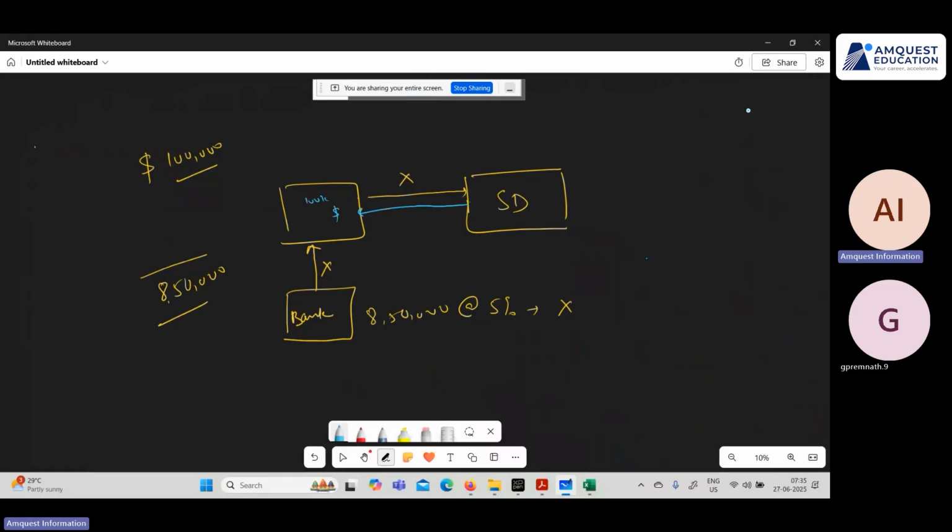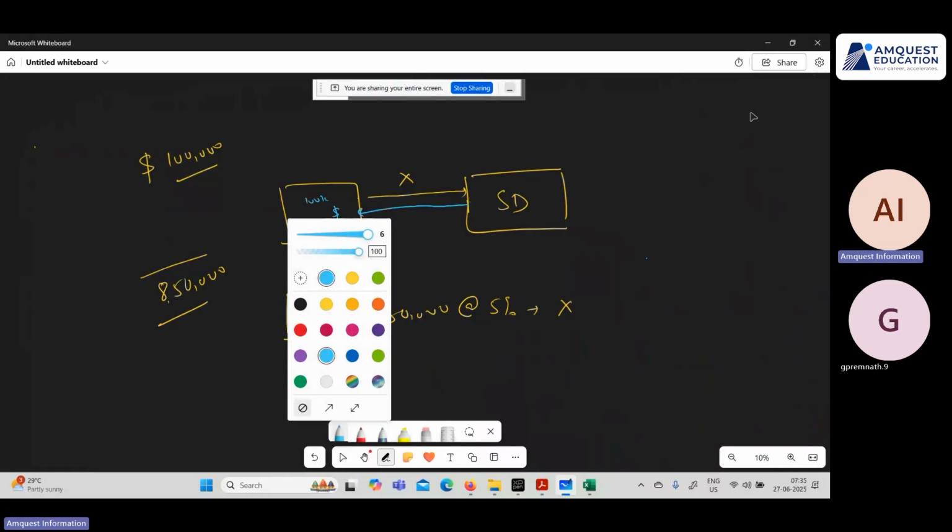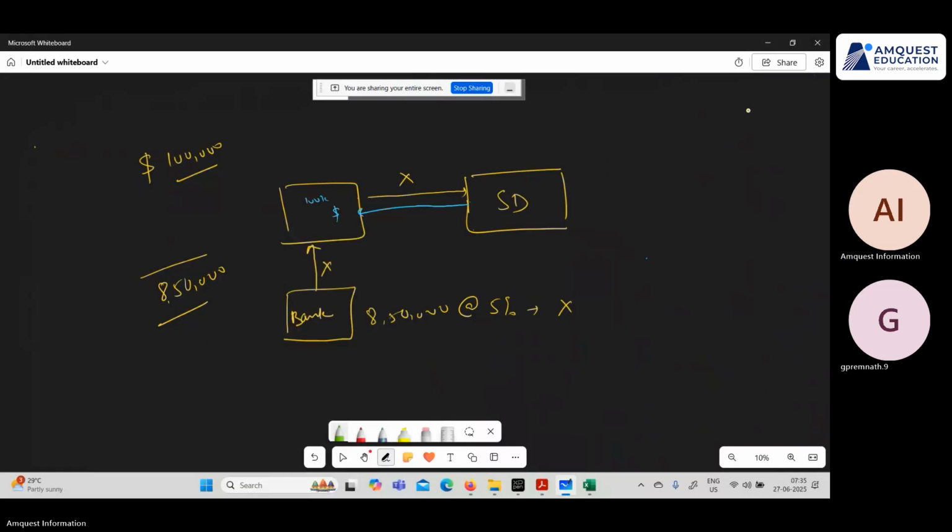Now, every quarter he'll keep on making payments in X, some percentage of X, whatever we would decide. Since he received the rupees, he will pay me in rupees, so he will keep on making quarterly payments in rupees. And obviously, I will also have to pay the EMI. There will be some kind of a difference.